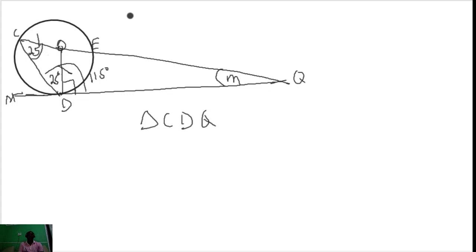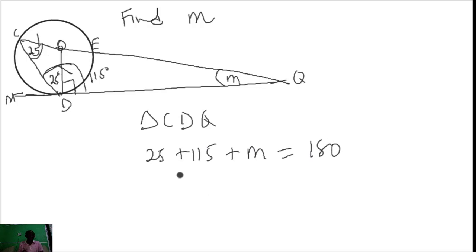So let's take triangle CDQ. The question said we should find M. So if here is 90, then if you take from here to here, it will be 25 plus 90, which will be 115. So in triangle CDQ, 25 plus 115 plus M will give us 180.